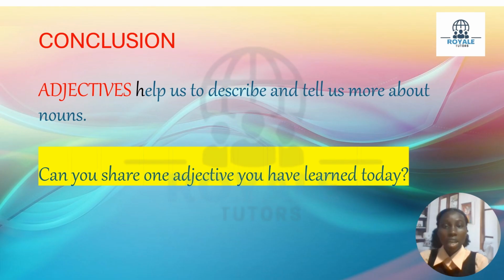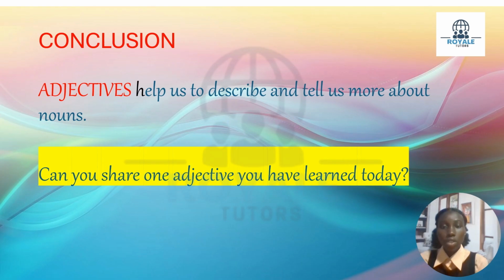Now, you have learned in this lesson that adjectives help us to describe, it tells us more about nouns. It tells us what color, the different colors we have. It talks more on what kind, then it talks of what size.